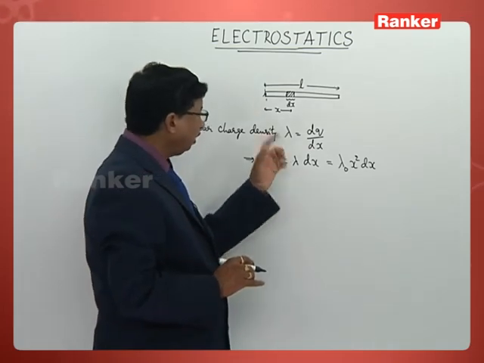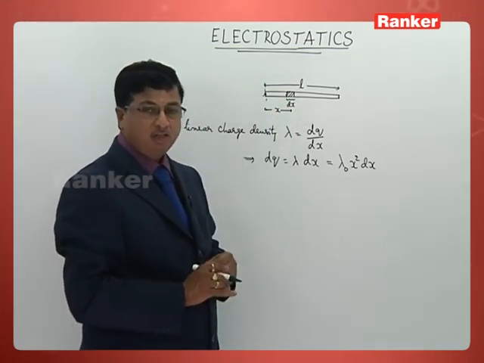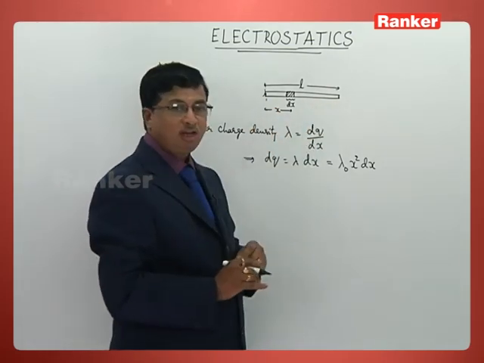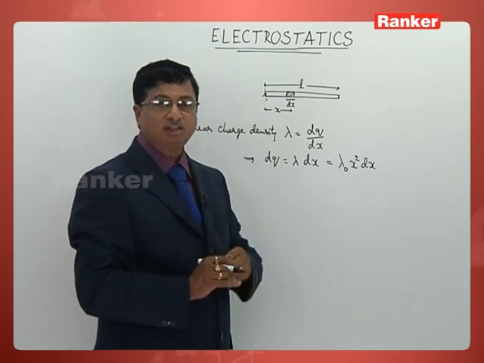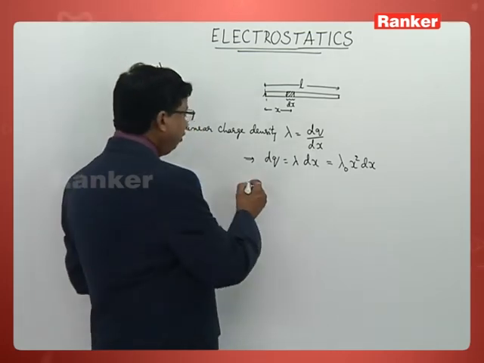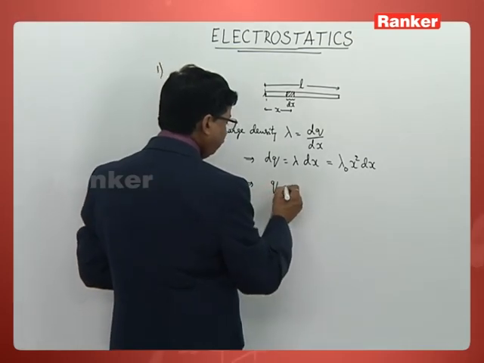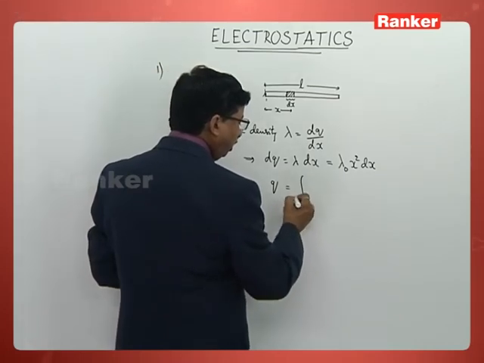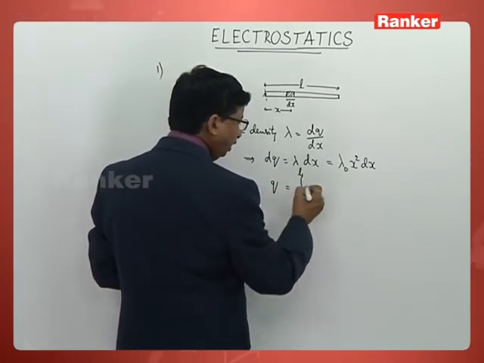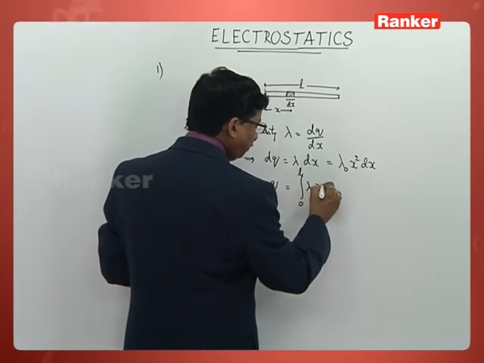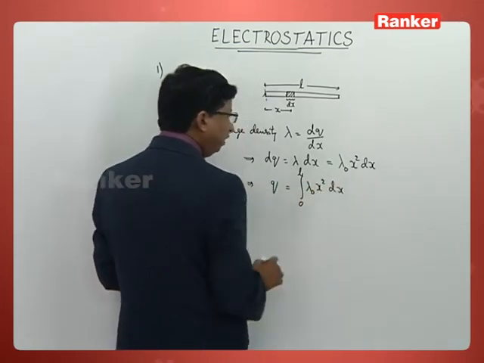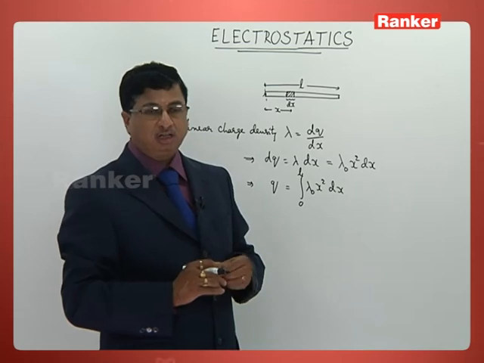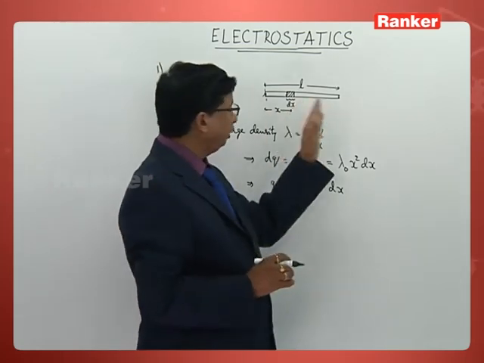If I want the total charge on the entire rod, then one should integrate that between the limits 0 and the total length of the rod, which is nothing other than L. So this implies charge, which is integral of dq, is now the integral between the limits 0 and L of lambda naught x square dx. And even in the problem, it is very clearly mentioned that x lies in between 0 and L.